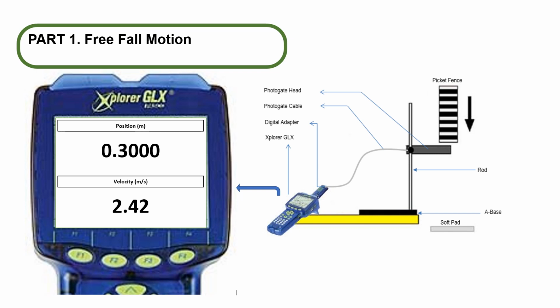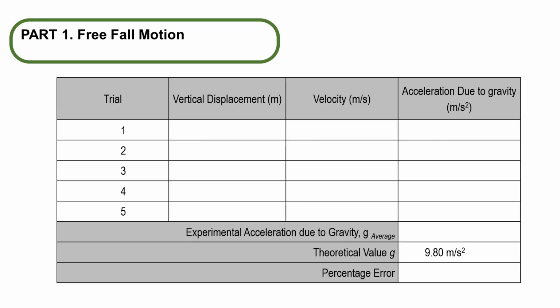Assuming that we have this reading after performing the experiment for trial 1, on the Explorer GLX we have the position which is equal to 0.3, and for the velocity that is equal to 2.42. So these are the data that we're going to use to compute for the acceleration due to gravity.